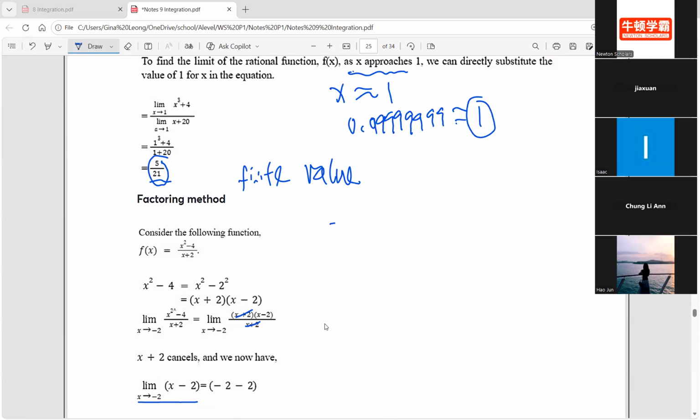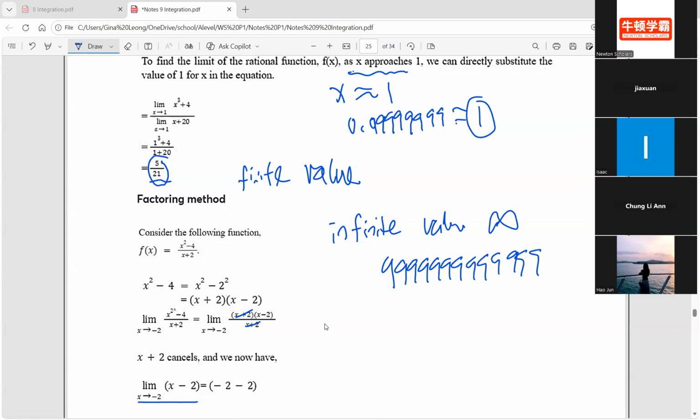So what is an infinite value? Infinite value is usually written using this symbol. It means this one can be very, very big or very, very small. For example, I can set this infinity as 9999999999, you can press a lot of 9s.